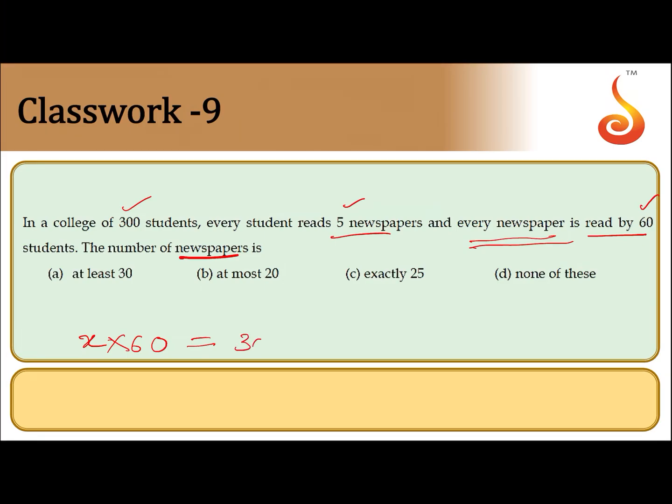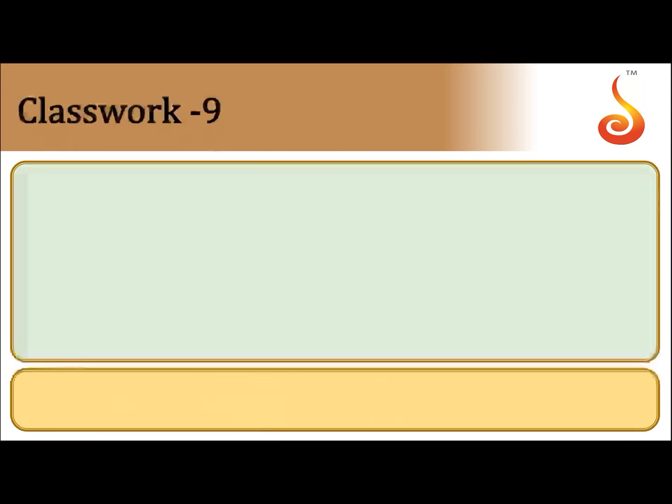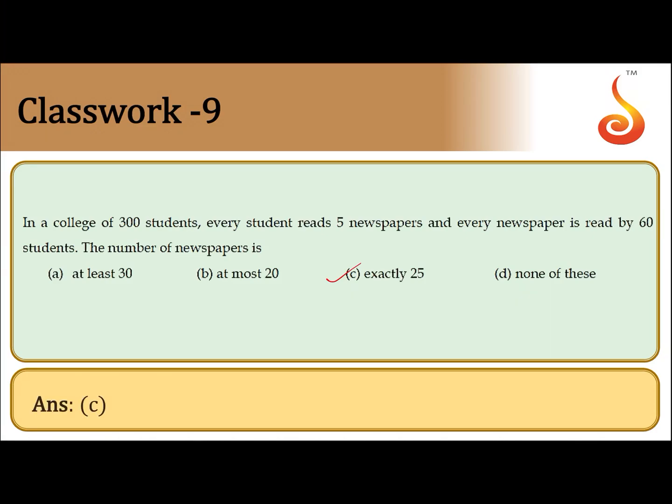Therefore, 300 multiplied by 5 is equal to X multiplied by 60. So X is equal to 300 multiplied by 5 divided by 60, so you will get 25. So the answer is exactly 25.